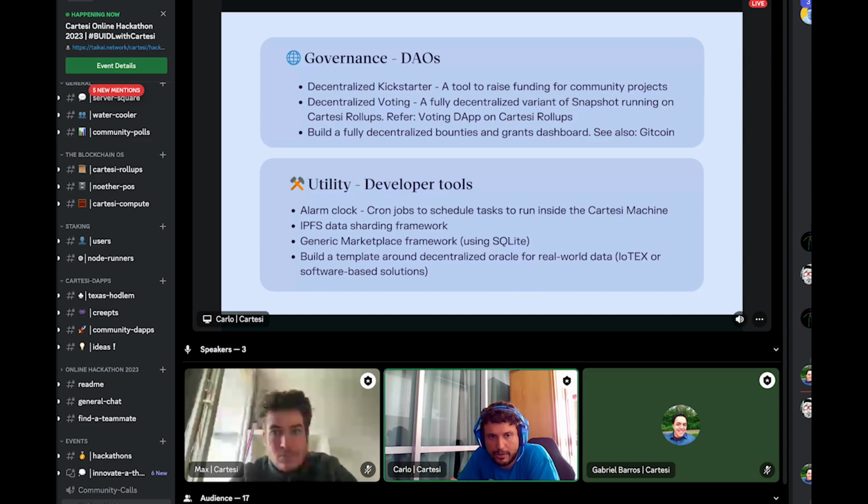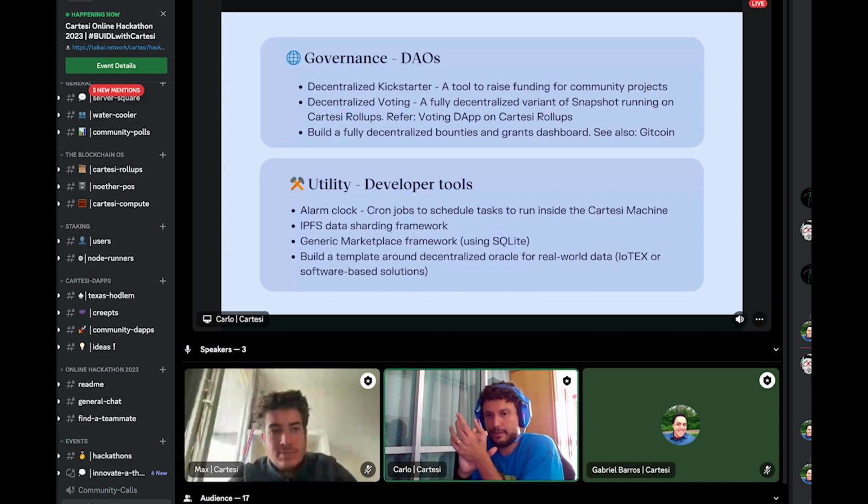And it's also really interesting if you want to do some really cool feature that can be used in other applications, for instance, an alarm application that can basically enforce that you have some input code at certain times, or other features that can benefit decentralized applications in general. These are all things that we really want to see people developing at the hackathon, or even further on with a grant.